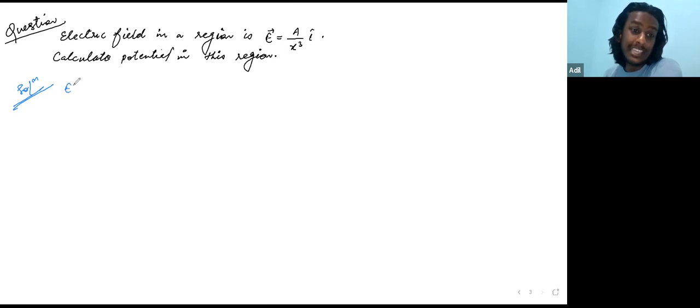Your value of E is A over x cube i cap, already given in your question. This is your given value. Now, what is the equation of potential? We already know.